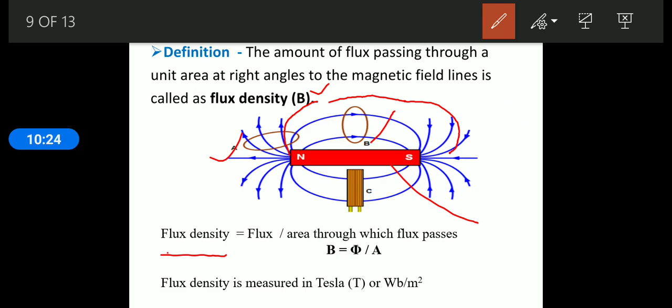That is, B equals phi upon A, where flux is denoted by phi and area by A. The flux density is measured in Tesla, denoted by capital T, or Weber per meter square.